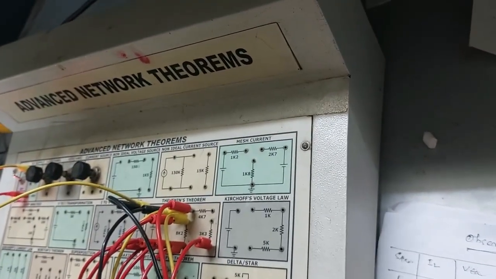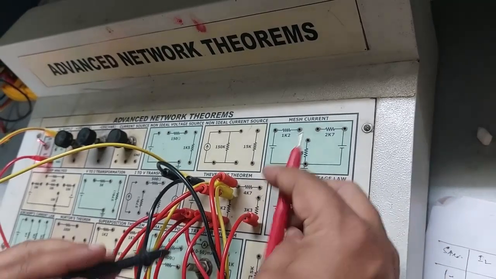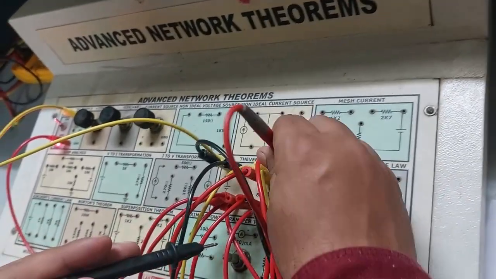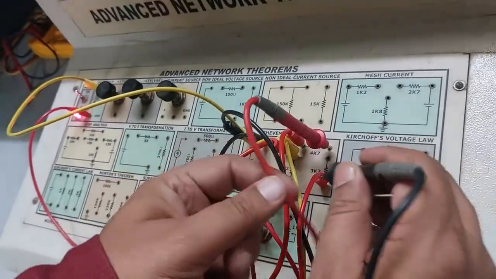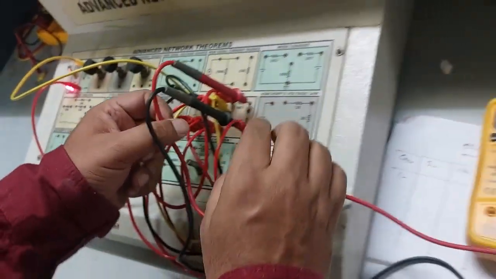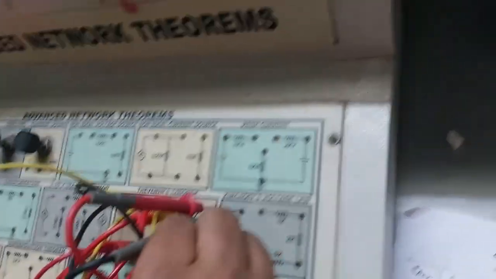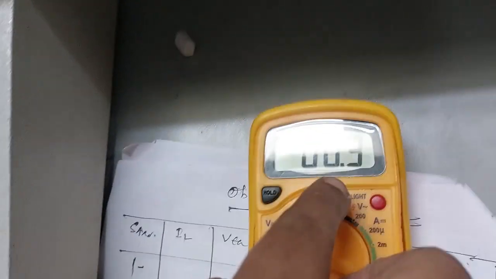Now we have to calculate what will be the value of the current. Look here, now we can see the value of IL is 0.3.